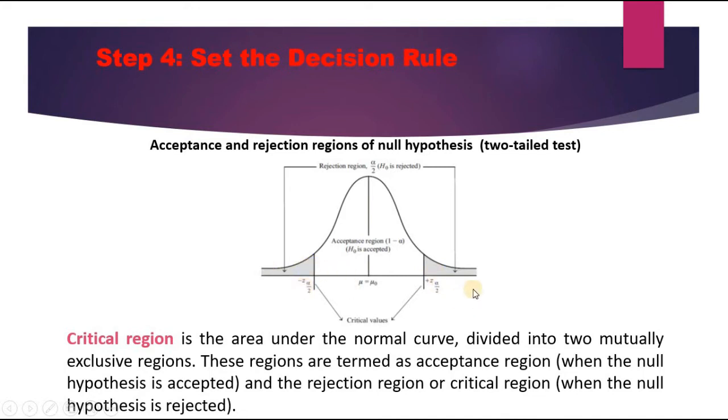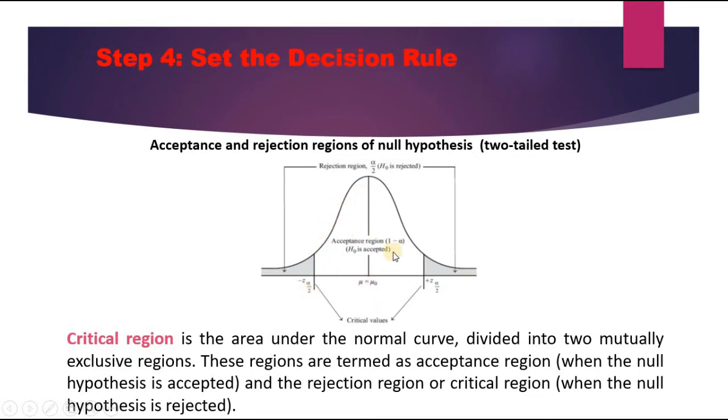I have a rejection region on both sides, and this is my cutoff Z score. Whatever alpha I have is the level of significance. Let us say I'm working on alpha of 0.05, so that is 0.025 on this side and 0.025 on this side.